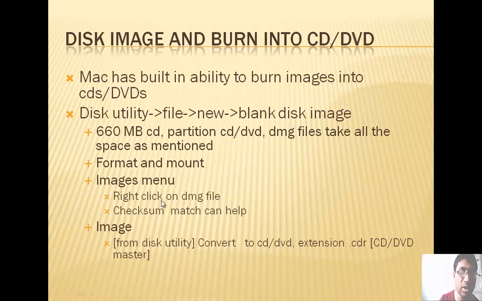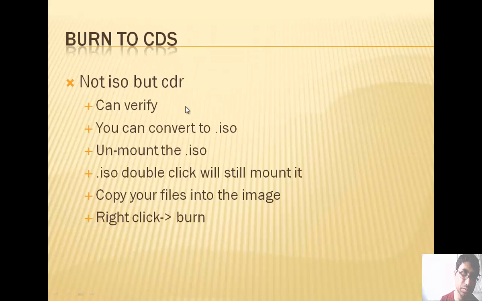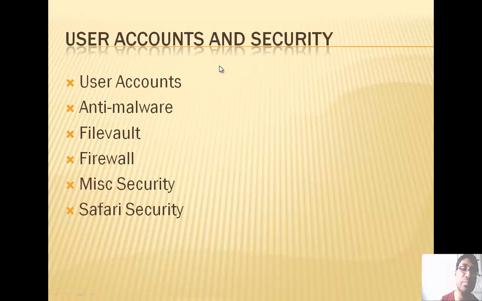And here one thing, I think you have the option in the disk utility to create a checksum for your data in the image file. Then the receiver can match the checksum with your supplied checksum. If they match, then they can consider that the image file is not corrupted. Okay. So here are the steps to burn it to a CD drive.